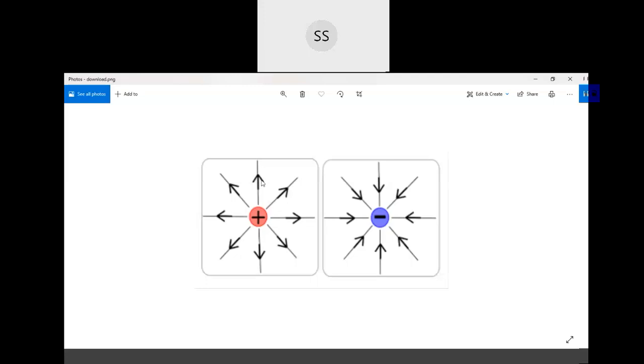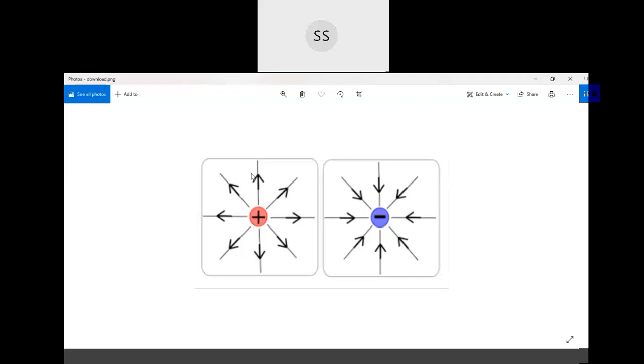To keep the unit positive charge at this point, we have to apply some work done to bring the charge from infinity to this point. We need work done because when we put the charge at this point, it will get repelled by the positive source charge. So to keep it at this point, we have to continuously apply some work.